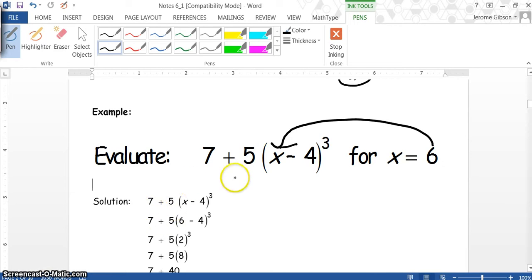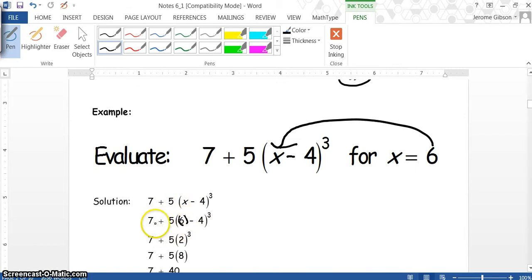So now we rewrite the problem, except for the x equals 6, and then we substitute in 6 for x. Now I would tell you this, even though this is not shown on your paper, I would suggest that you put this 6 in its own parentheses. And the reason being is to show that you substitute in 6 for x.